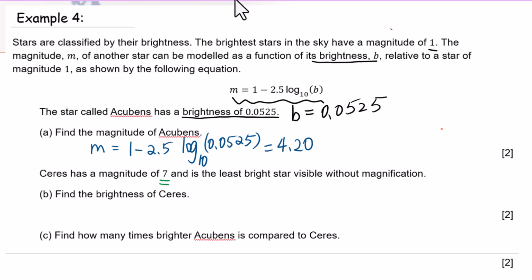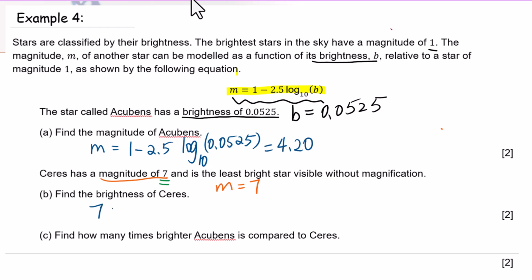Sirius has a magnitude of 7 and is the least bright star visible without magnification. Find the brightness of Sirius. Magnitude of 7 means m equals 7. So we will substitute m equals 7 into this function.